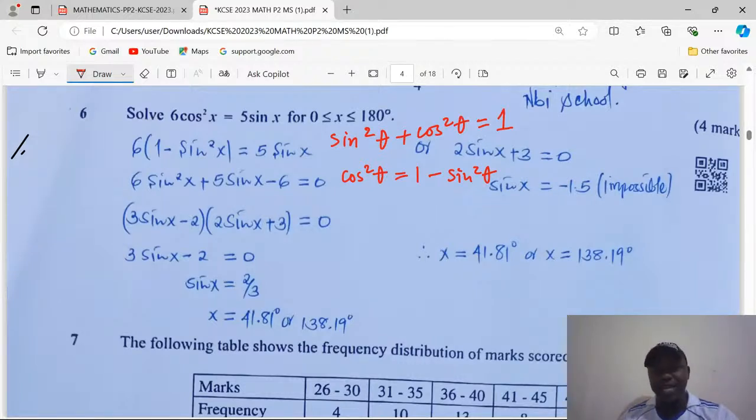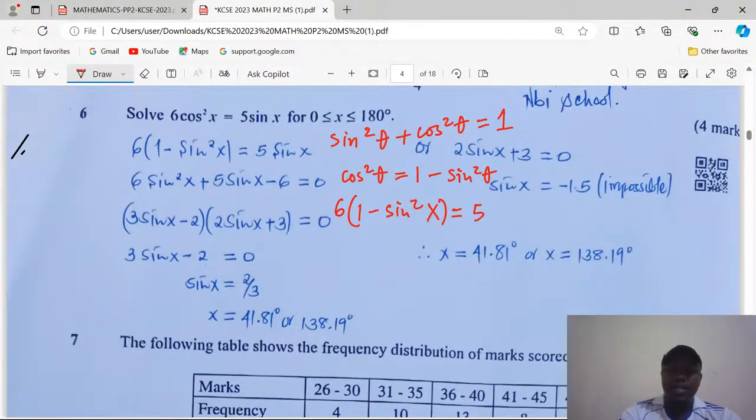So we apply this identity in the first term, whereby instead of cosine squared of x we have 1 minus sine squared of x. This is equal to 5 sine of x.